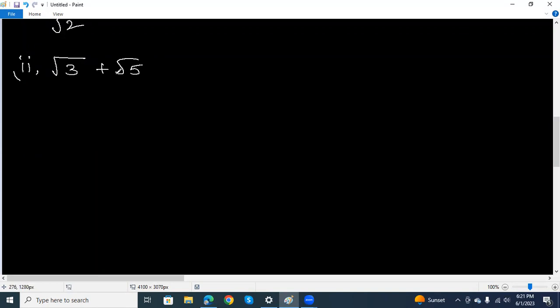Let us assume the given number is a rational number. Let us assume root 3 plus root 5 is a rational number.